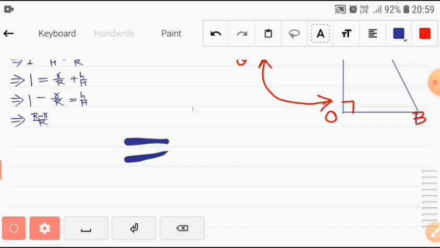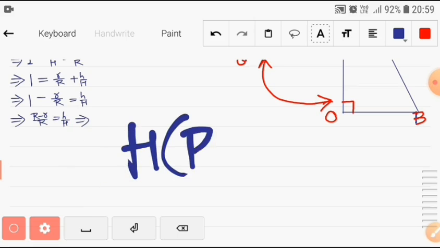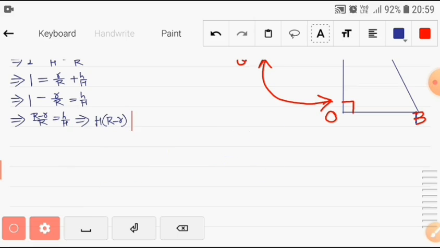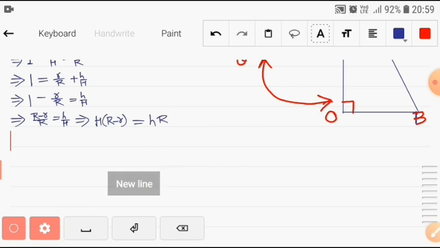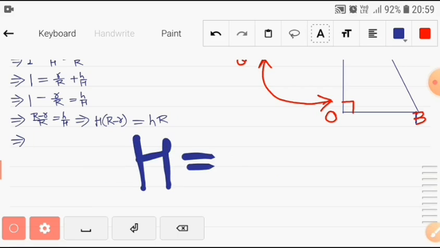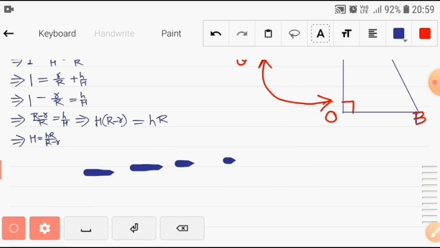This is equal to again h by H. By cross multiplying, we get H(R minus r) is equal to hR. Next, we get the value of capital H equal to hR by R minus r. So this is the first result we get.